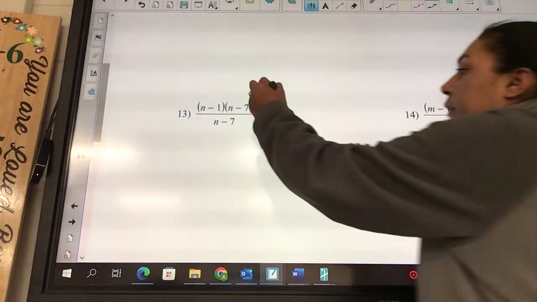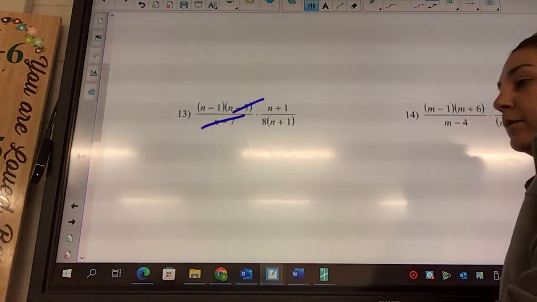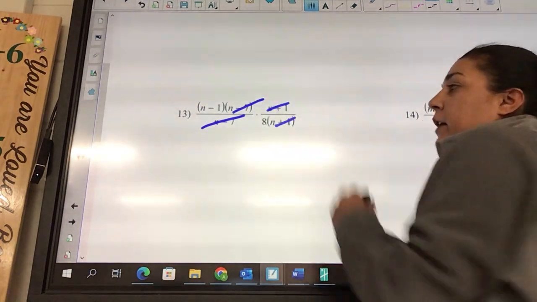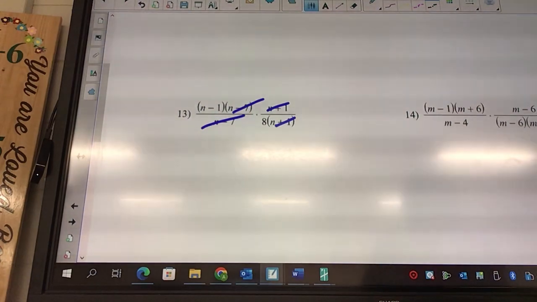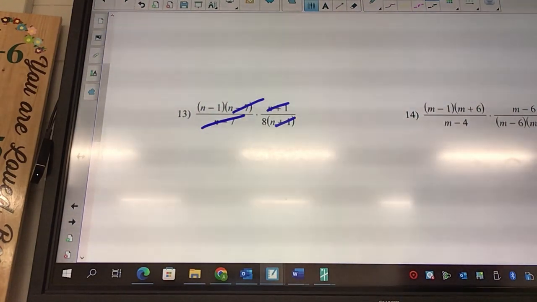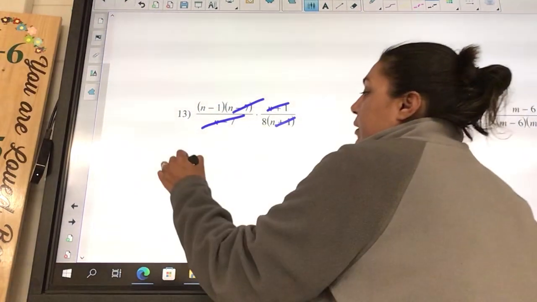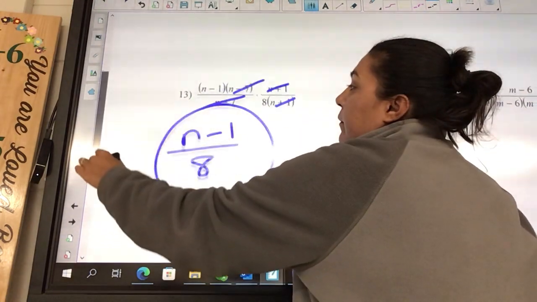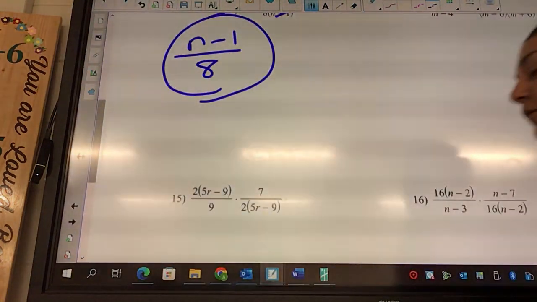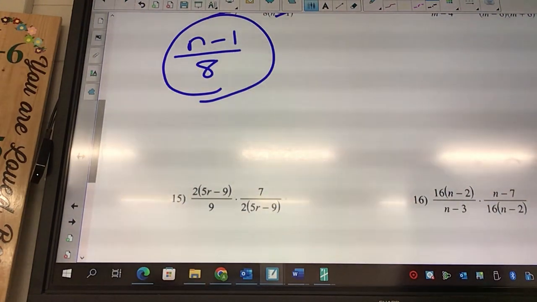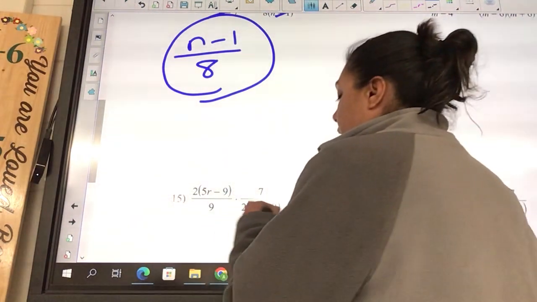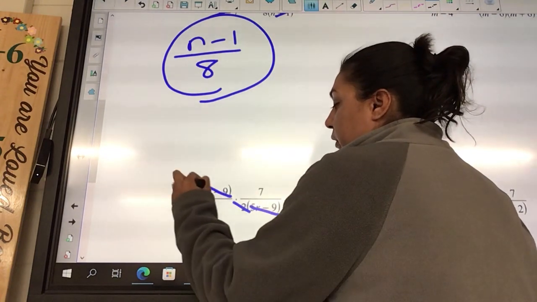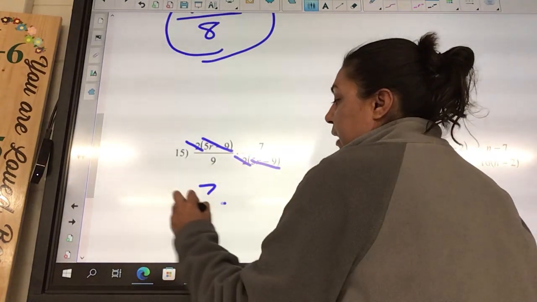N minus 7, good. That's it. N plus 1. And the plus ones. So this one and this one. Why can we not cross off the minus 1? It's gotta have the same stuff with it. Number 15, we could cross out that 5R minus 9 and those 2's. So I'm left with 7 over 9.